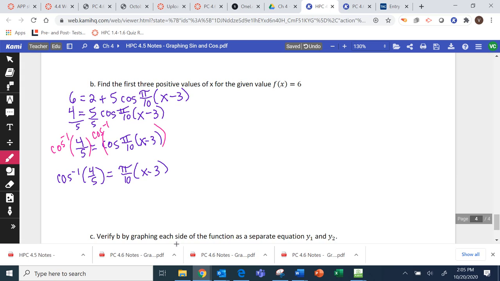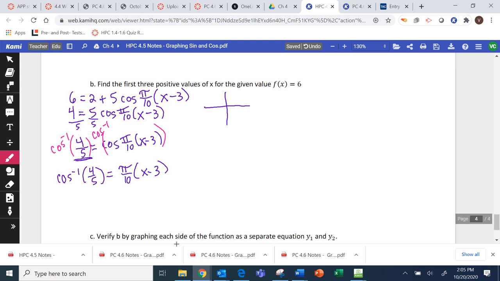Now I need to stop what we're doing here and go talk about something else and then come back to it, okay? When we did inverse cosine on our last section, if we did that to 4/5, that's a positive number. How many answers did I get?